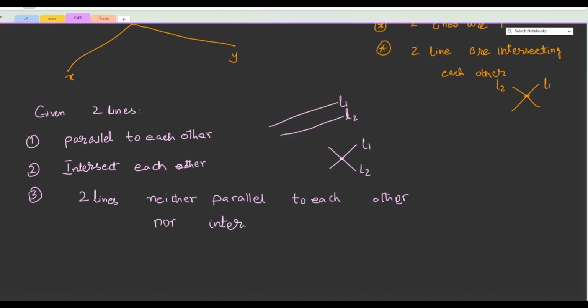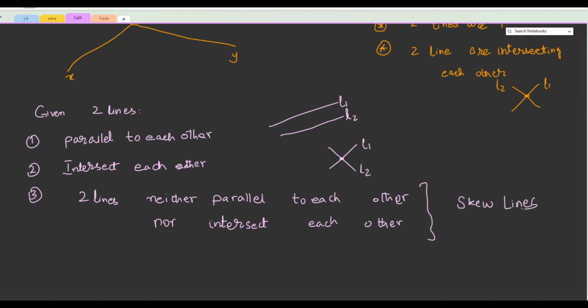Meaning they are not parallel to each other, and also they do not intersect each other. If we have this type of situation, then we call the lines L1 and L2 skew lines. We call them the skew lines.